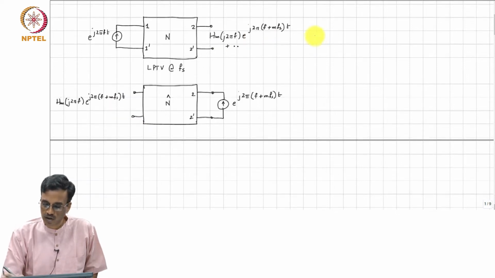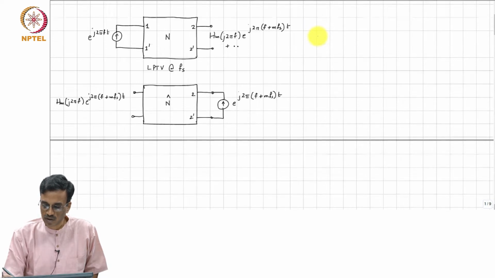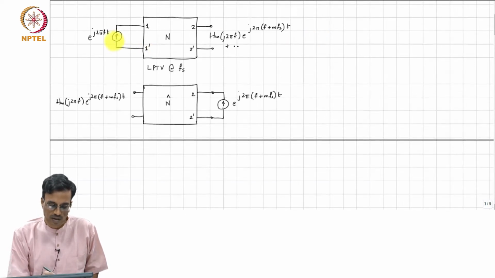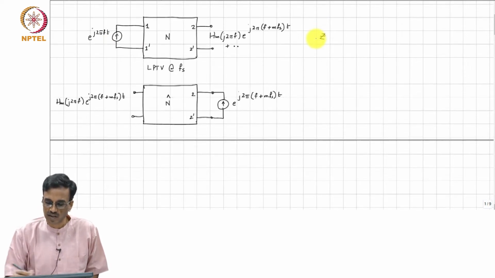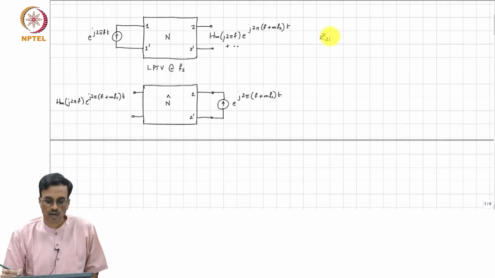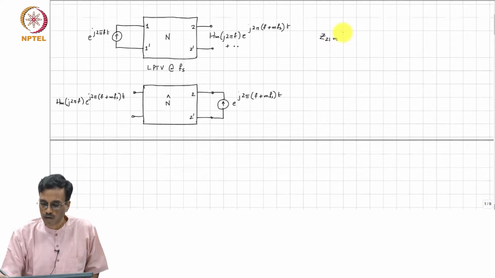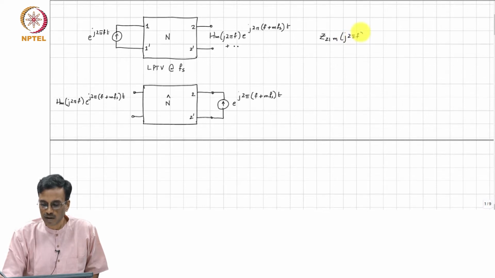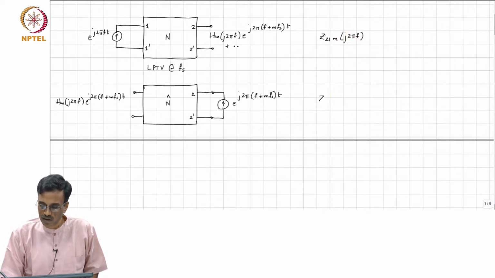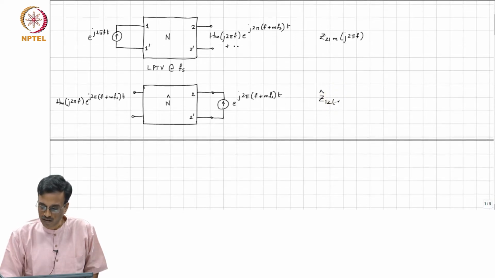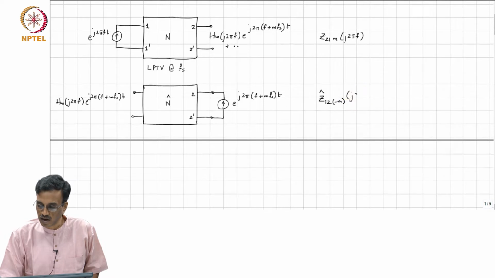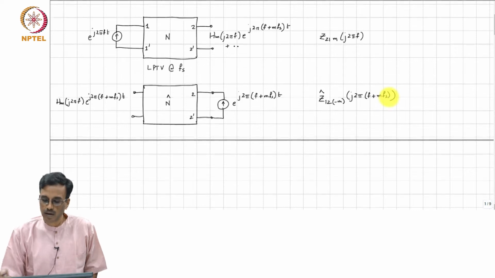This is the forward transmission, for example, since the input is a current and the output is a voltage, you can think of this as Z 2 1 of m of j 2 pi f, and this is nothing but Z hat 1 2 of minus m of j 2 pi (f plus m f s), right.